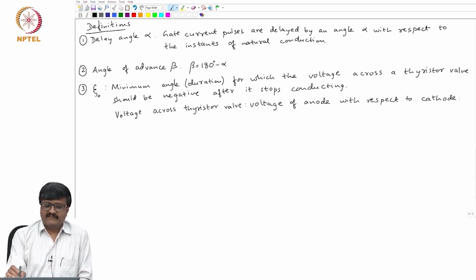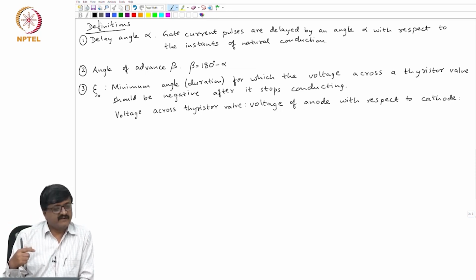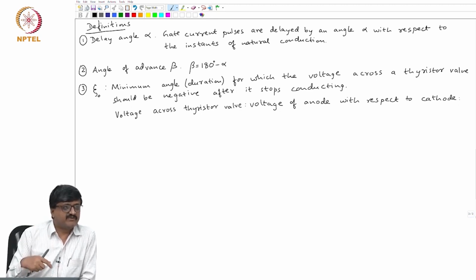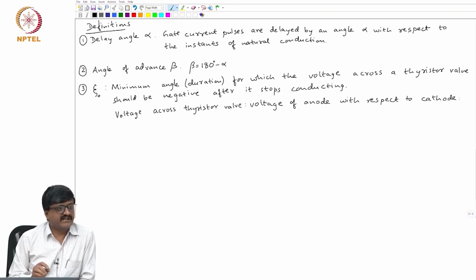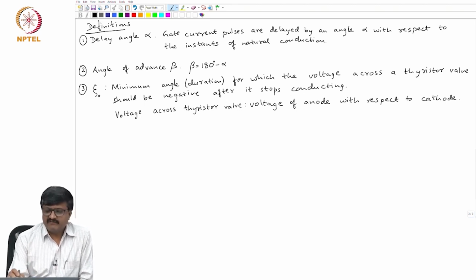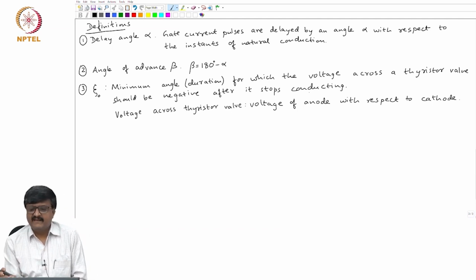Whenever the thyristor valve conducts, the current is flowing from anode to cathode. If the current goes to 0, we say the thyristor valve stops conducting. As soon as that happens, the voltage across the thyristor valve should be negative.